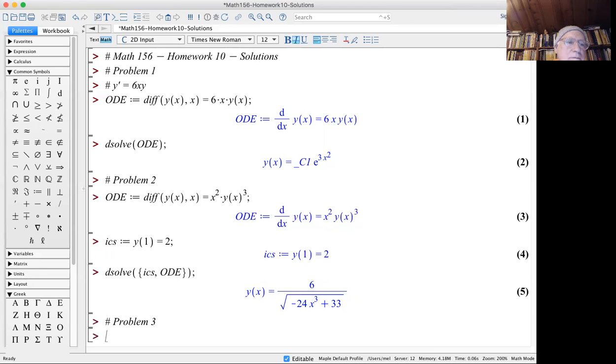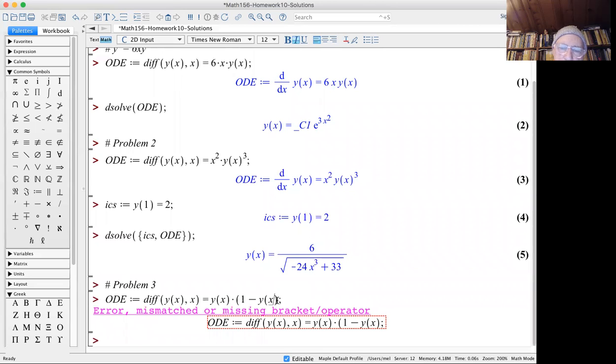Problem 3, we have the differential equation y prime equals y times 1 minus y. So this ordinary differential equation is derivative of y of x with respect to x equals y of x times 1 minus y of x.